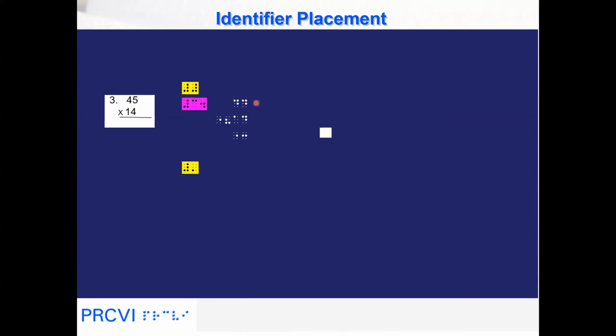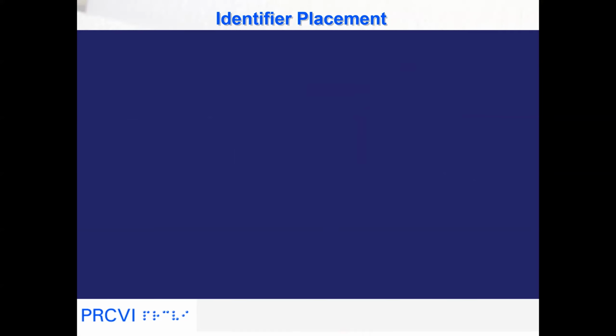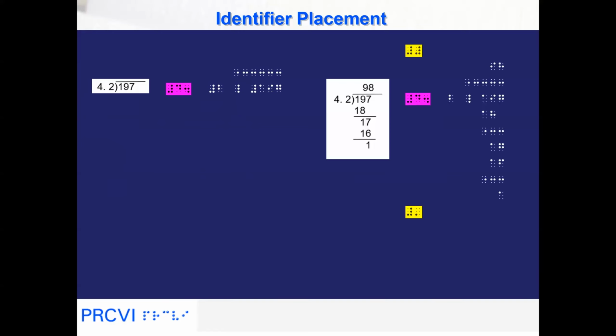The item number is not with the carried over number, as shown in item number 3 here. In division, the item number is in line with the divisor and dividend. In this example, notice that the item number is not in line with the answer.